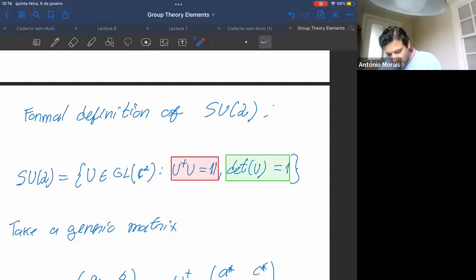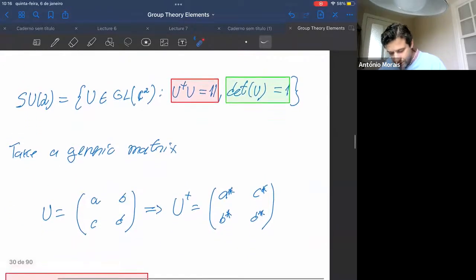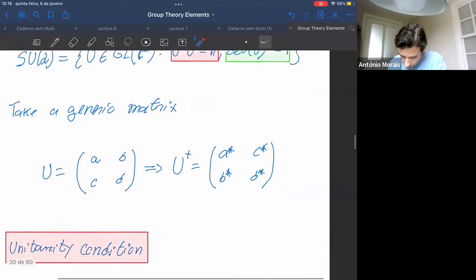This is what makes it special, and that's why we call it SU, special unitary groups. So let's look into a generic matrix, and how we can span this group. Take a generic matrix with elements A, B, C, D, complex conjugate it and transpose it. So you get A*, C*, B*, D*.